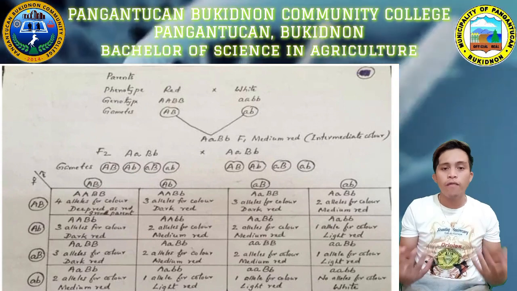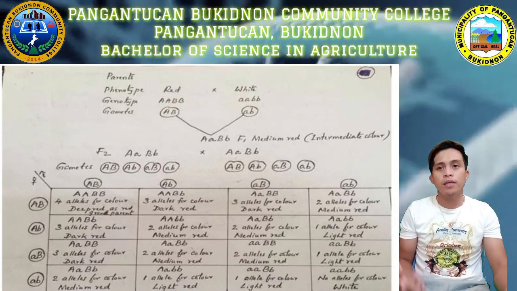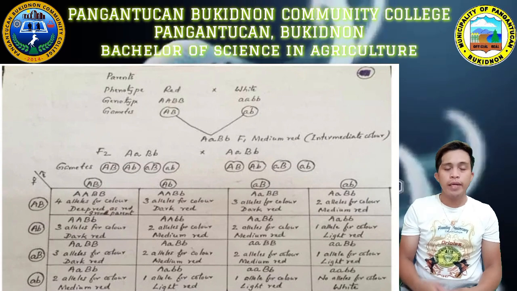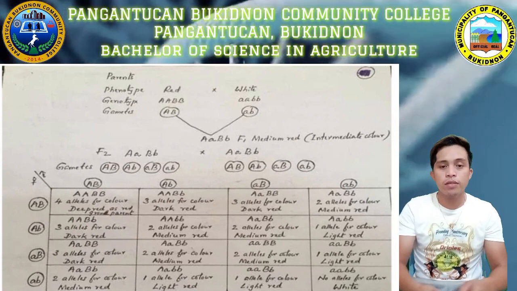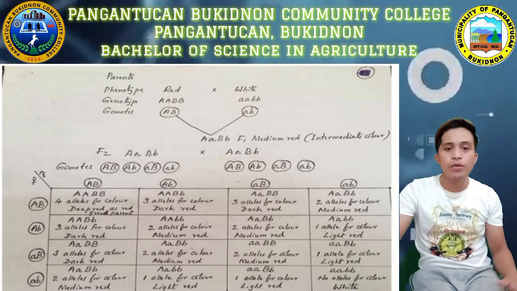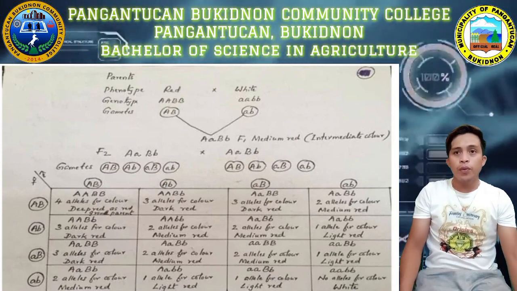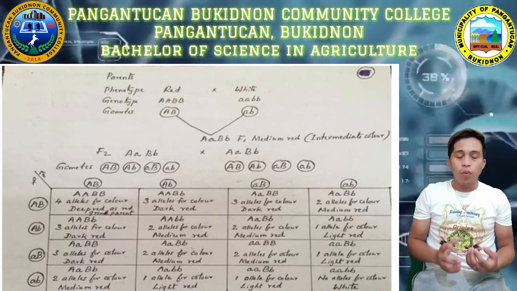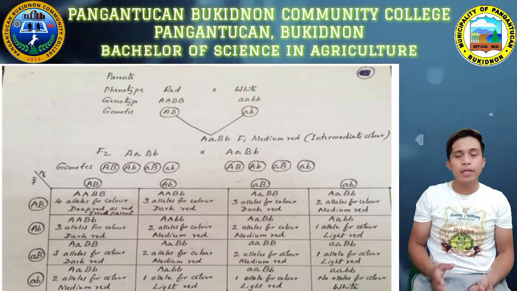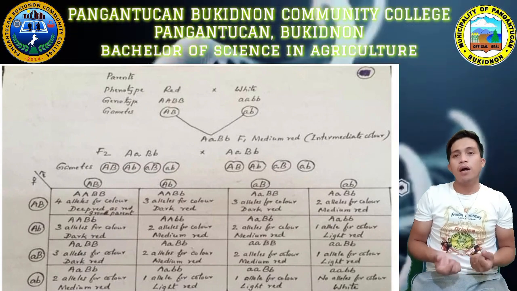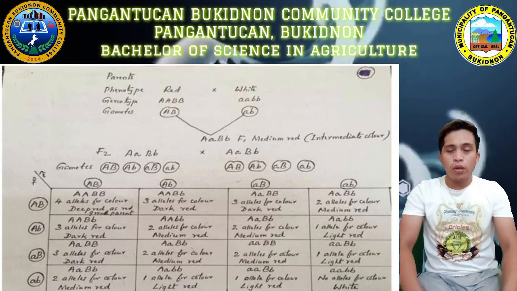Moreover, there was a continuous variation in the red kernel color to the white kernel color in the F2 genotypic ratios in the generation. So let us consider a cross between a red kernel colored variety and a white kernel colored variety, where two genes, each gene having two alleles, are involved.